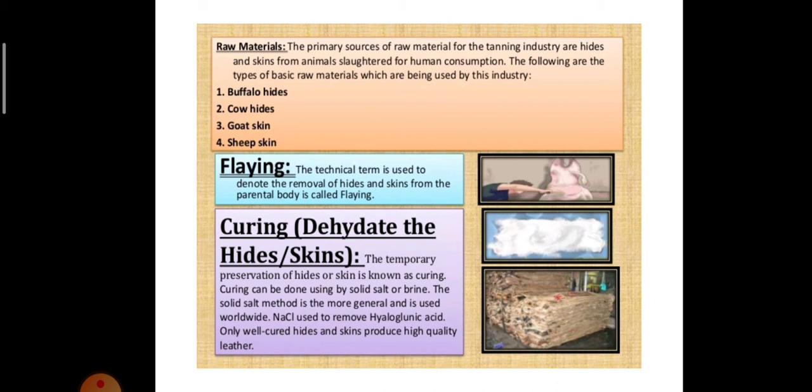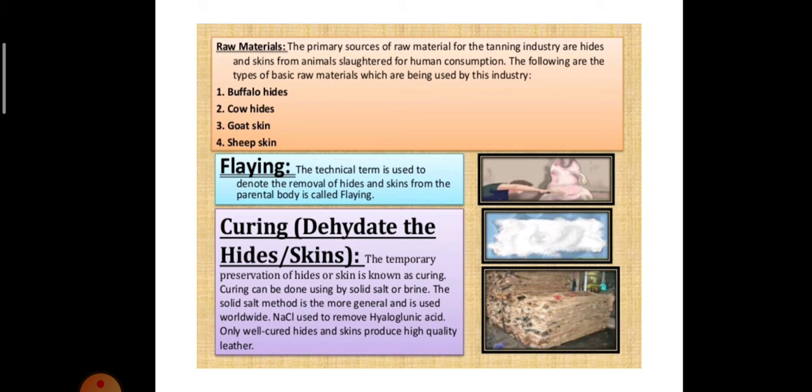When the hide or skin is removed from the animal, the outside of the skin is covered with dirt from the animal's surroundings.